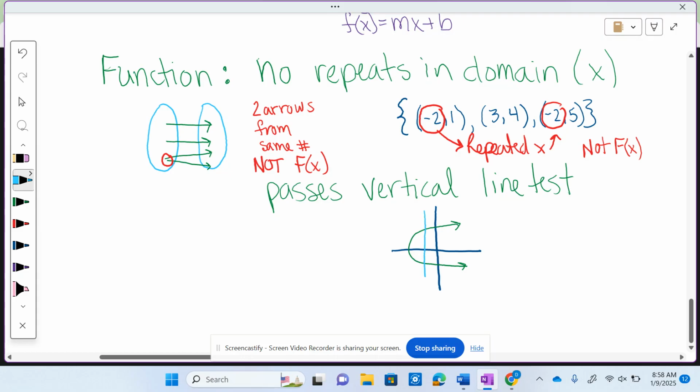Yeah, when I draw a vertical line, my vertical line touches my graph more than once. Yeah, good job. So this is another example of not a function.